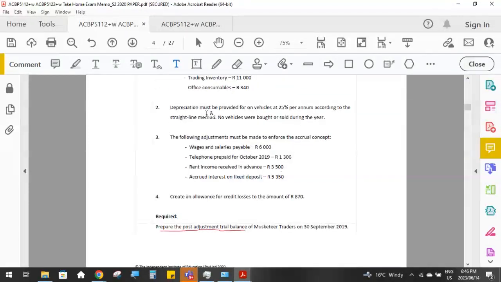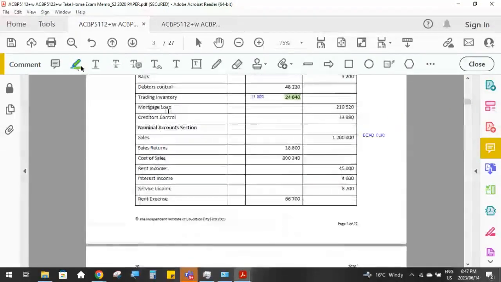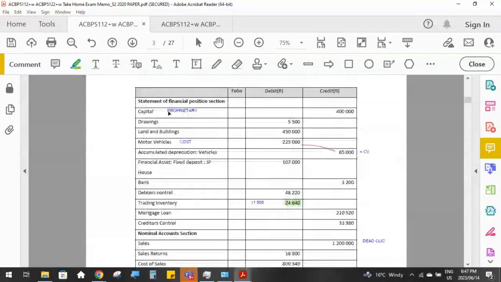Then the second entry is that depreciation must be provided for on vehicles at 25% per annum, in this case according to the straight line method. And in this particular year, no vehicles were bought or sold during the year. So we know that the amount that we see in the vehicles cost account over here is the only vehicles that we own.